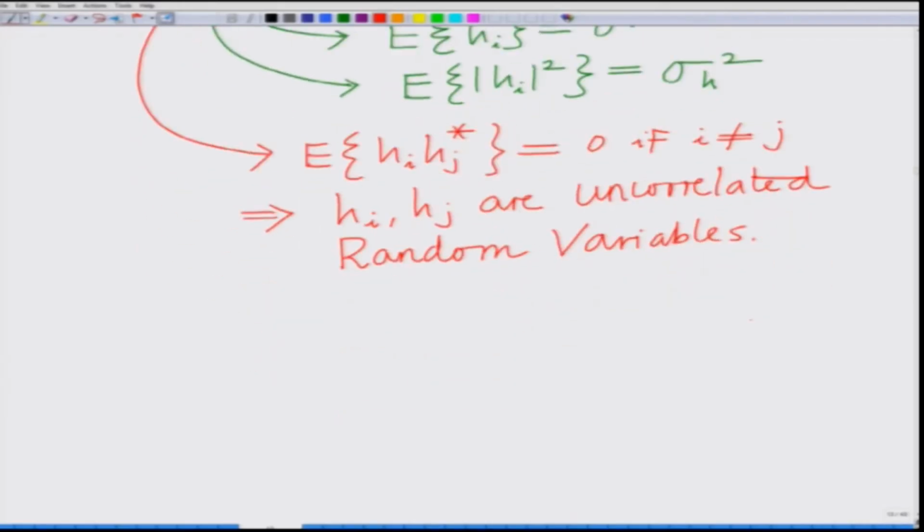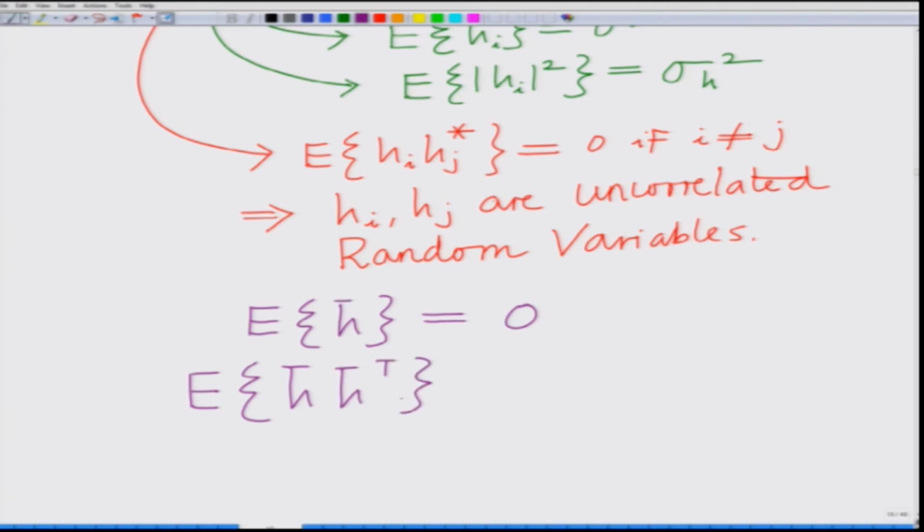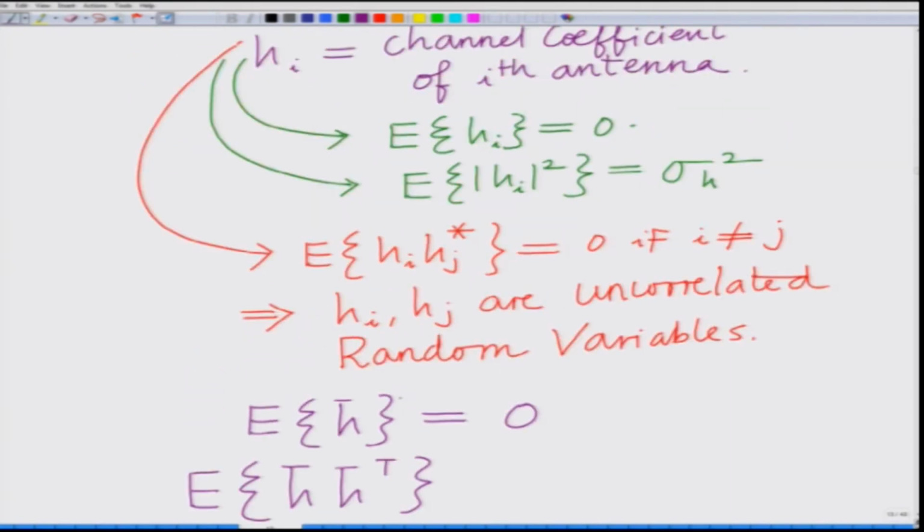Since each element hi is 0 mean, the expected value of this parameter vector h bar is going to be 0. Further, let us look at the covariance matrix. To consider a simple scenario, I am simply considering a real scenario.